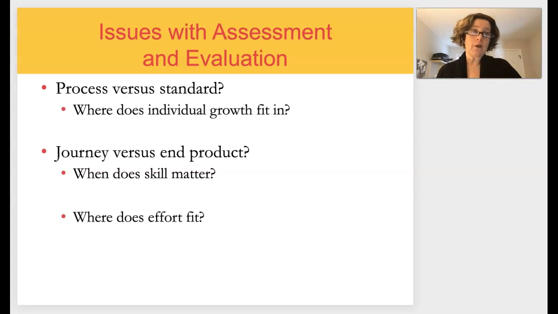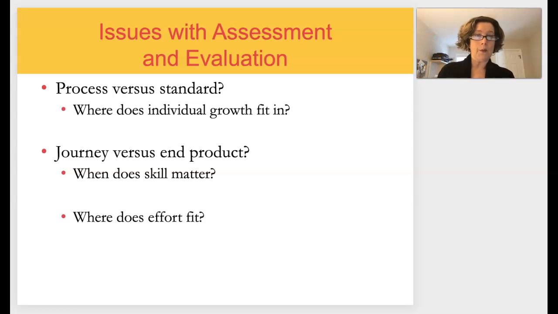If we are questioning that whole idea of all kids must reach the standard in grade 3 and the standard in grade 4 and the standard in grade 5, then we absolutely have to be evaluating our standardized tests and our government tests and the effectiveness of those.